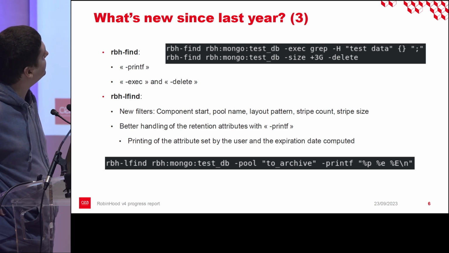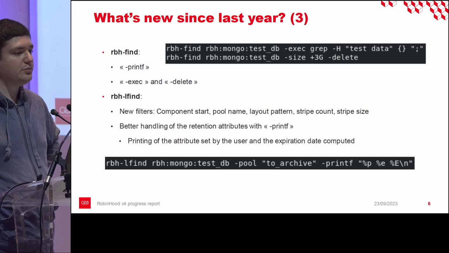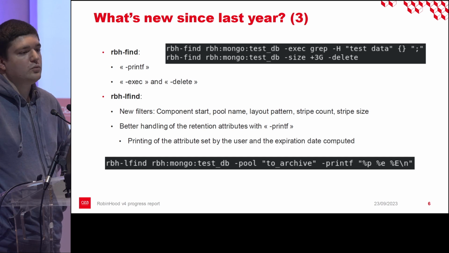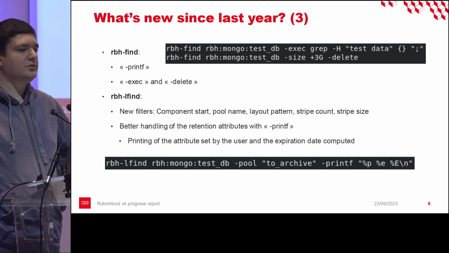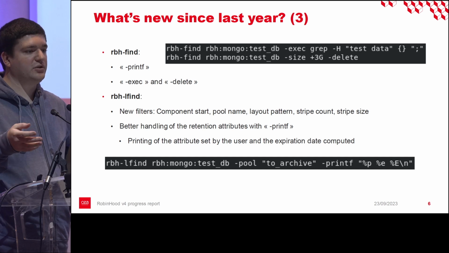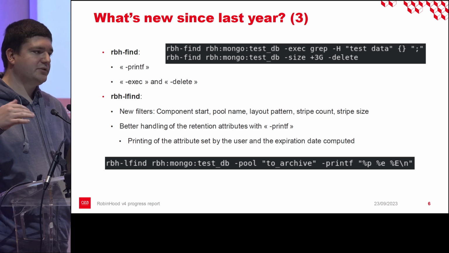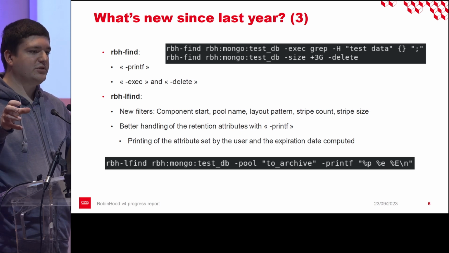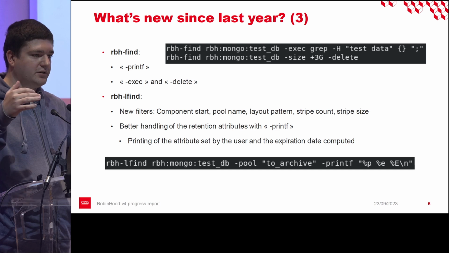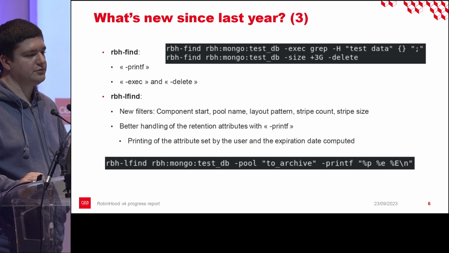I think with the -exec command action, sorry, you can then set the attribute on those entries, and then once again, you have to sync the entries back, because RobinHood at that point doesn't know that you added this attribute. But after syncing, if you ask RobinHood to give you the expired files on those directories, it will take into account the action you've just done.